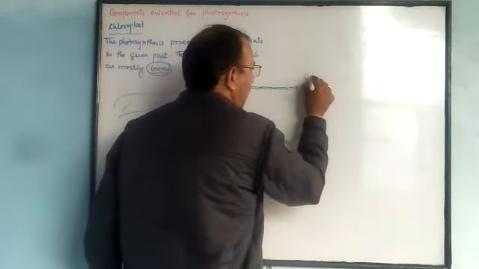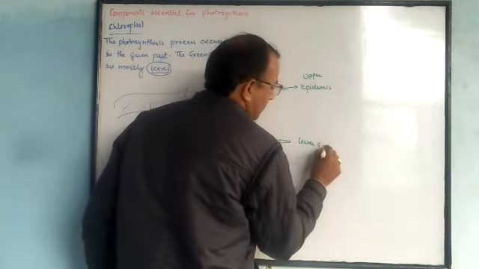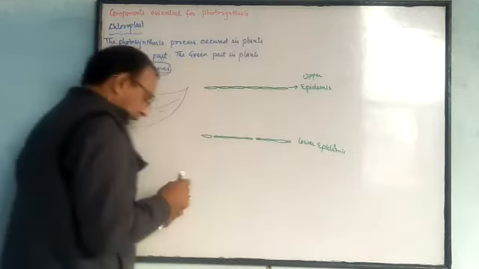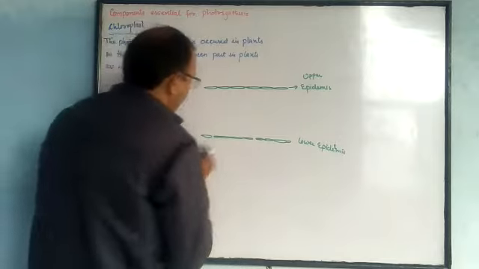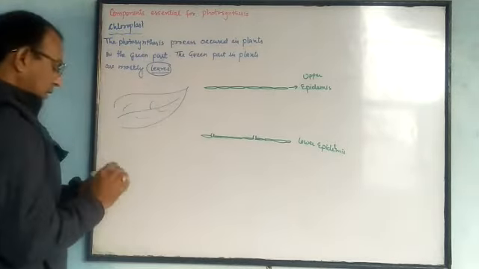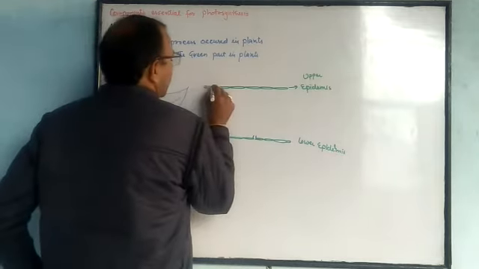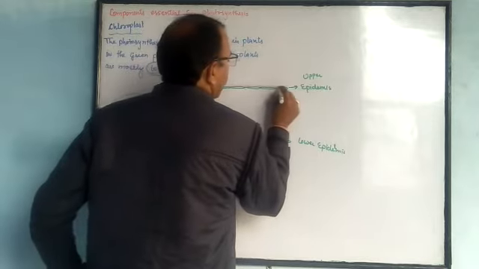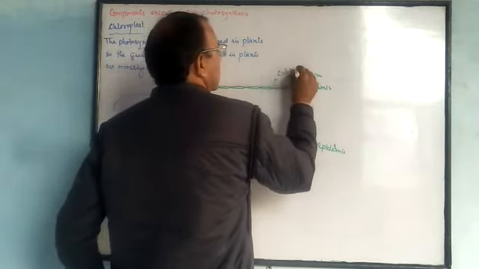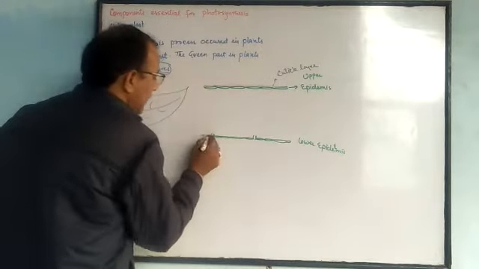The lower epidermis contains stomata, which are bean-like structures, and the upper layer is covered with a cuticle layer.